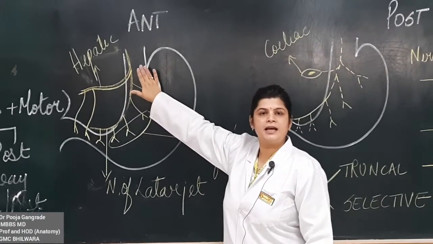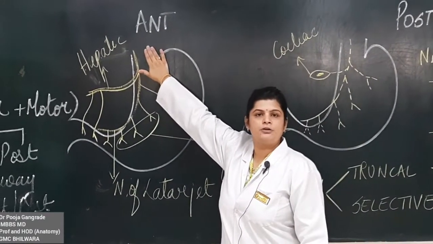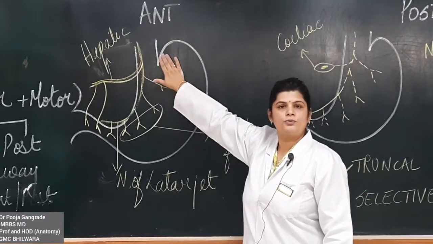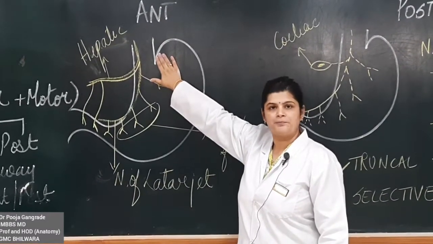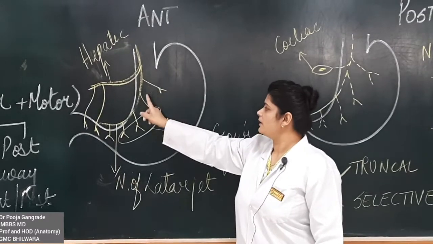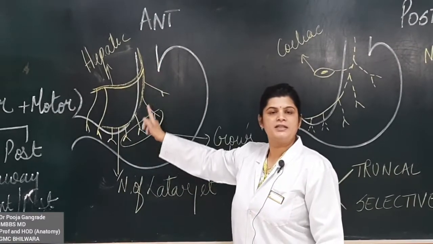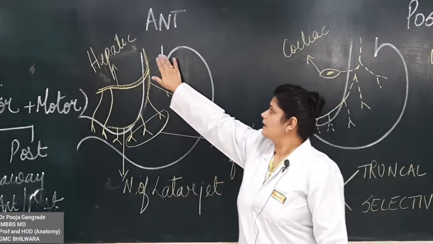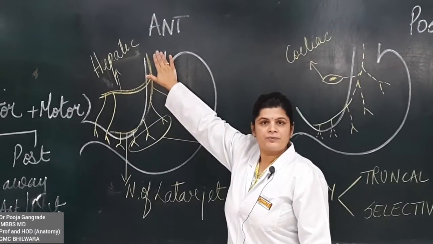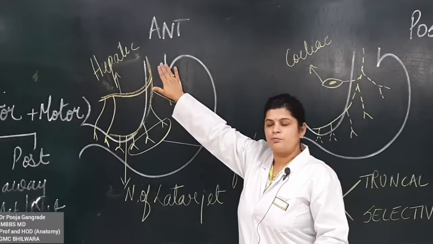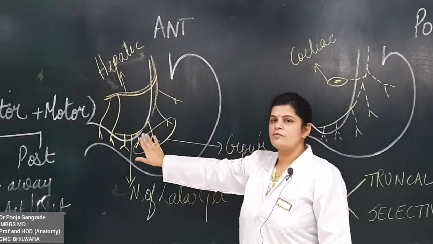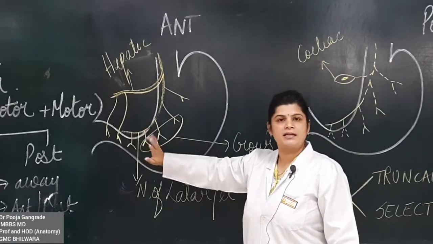It is closely applied to the lower end of the esophagus and also onto the cardiac end of the stomach. This usually rolls down in the lesser curvature of the stomach. It is closely applied to the stomach, that is the number 1 point. Second, it is the one which is closely applied to the lesser curvature.